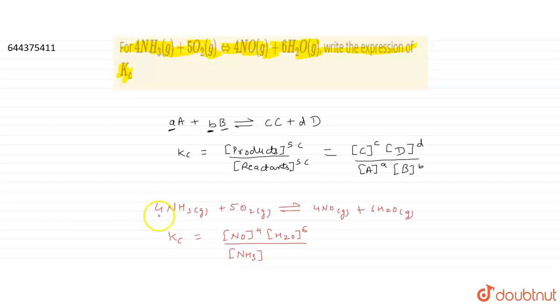What is the stoichiometric coefficient of NH3? 4, into concentration of O2 to the power stoichiometric coefficient of O2. What is the stoichiometric coefficient of O2? That is 5. So this is the expression for Kc for the above reaction, that is 4NH3 plus 5O2 gives 4NO plus 6H2O.